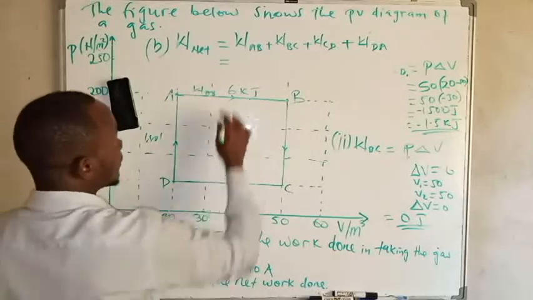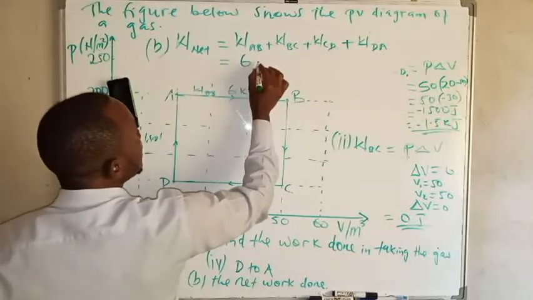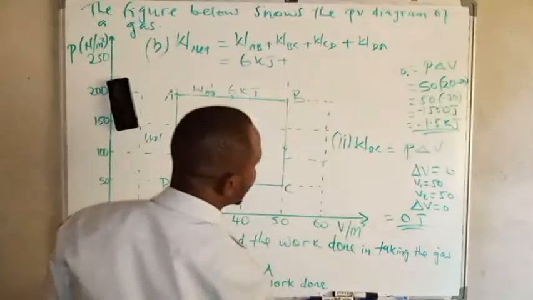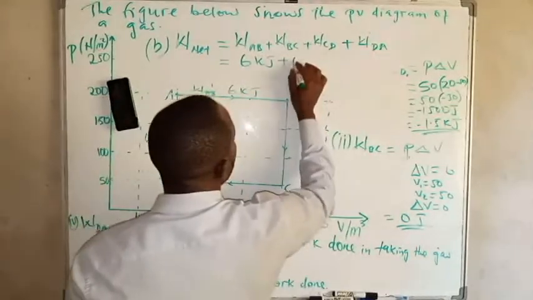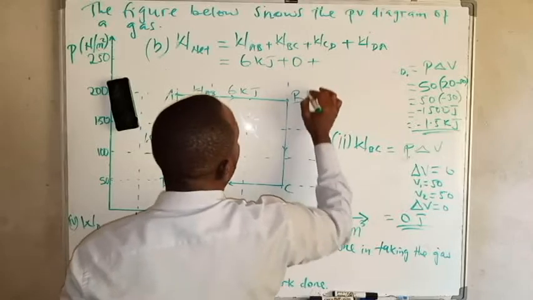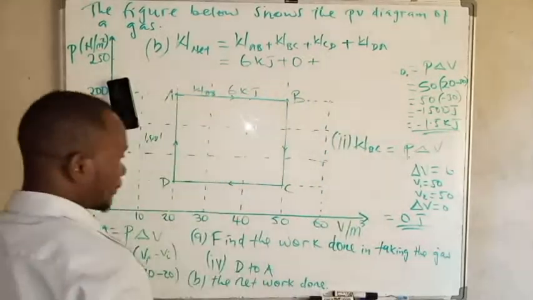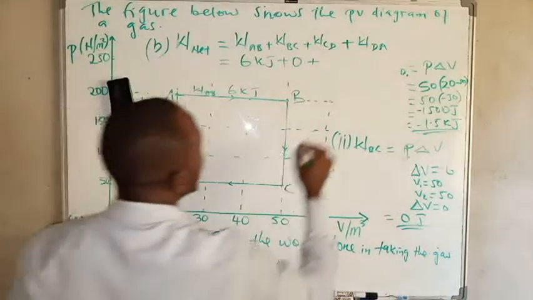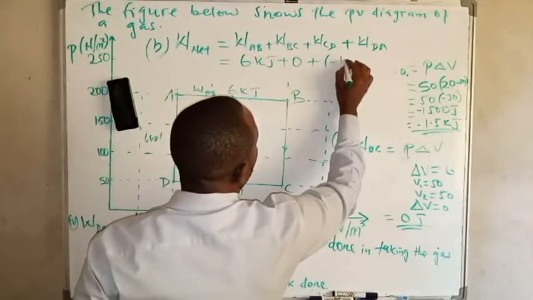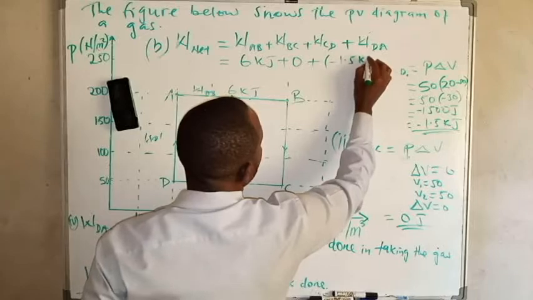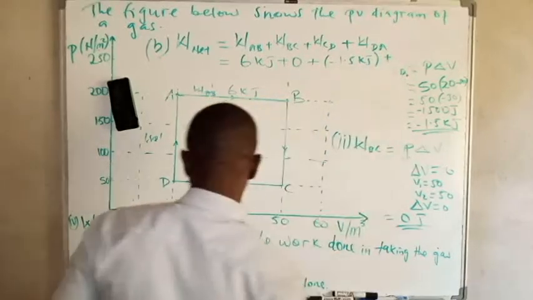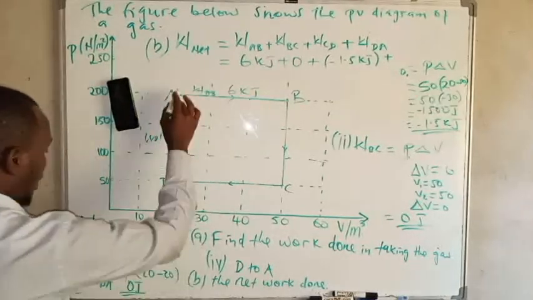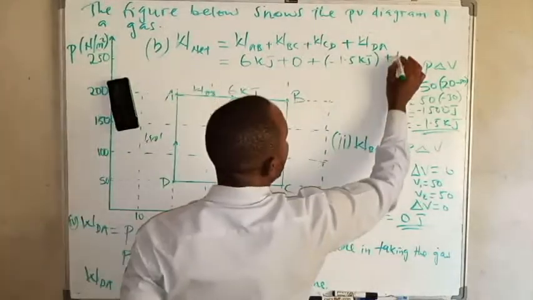From A to B, we found 6 kilojoules, plus B to C, we found 0, plus C to D, we found negative 1.5 kilojoules, plus D to A, we have 0.